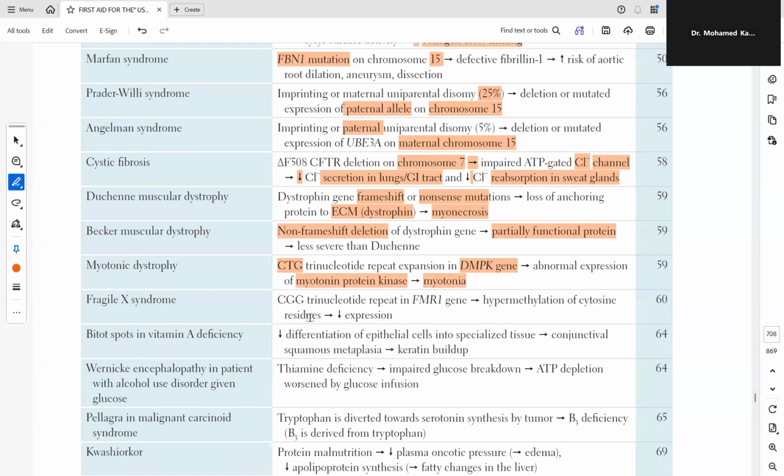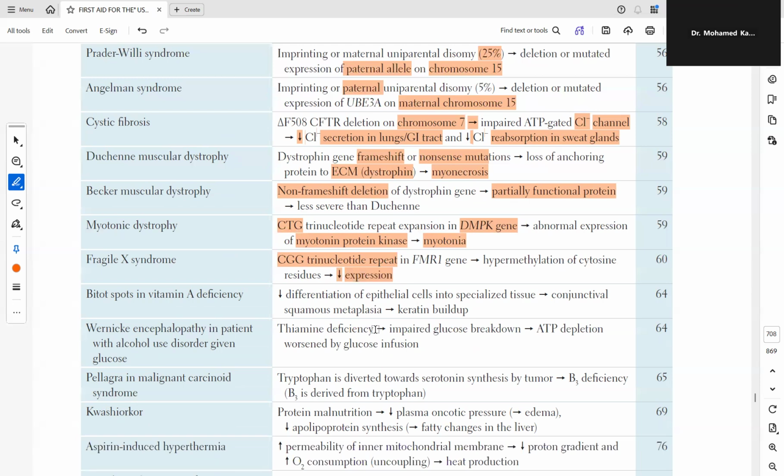Fragile X syndrome is a CGG trinucleotide repeat. So myotonic dystrophy is CTG, fragile X is CGG, in the FMR1 gene, leading to hypermethylation of cytosine residues and decreased expression.